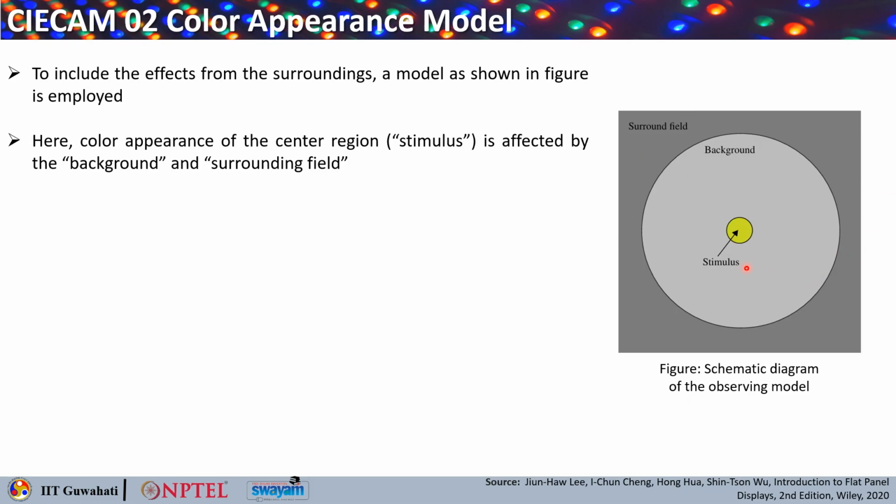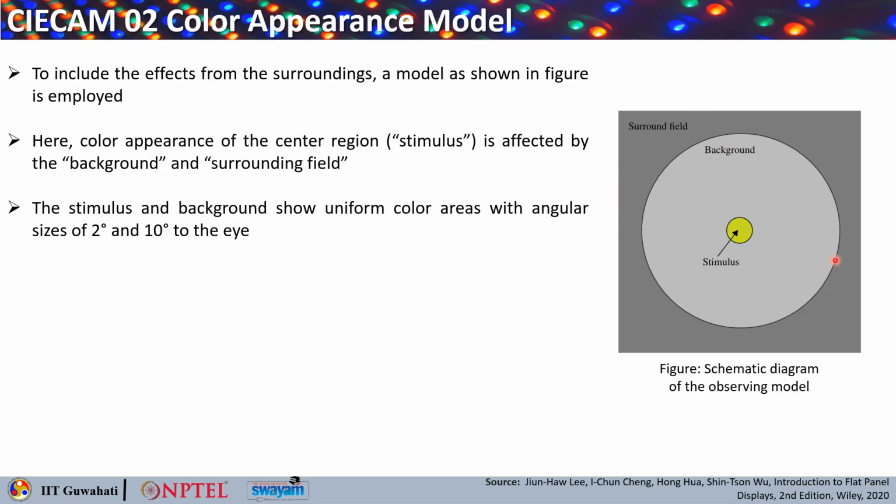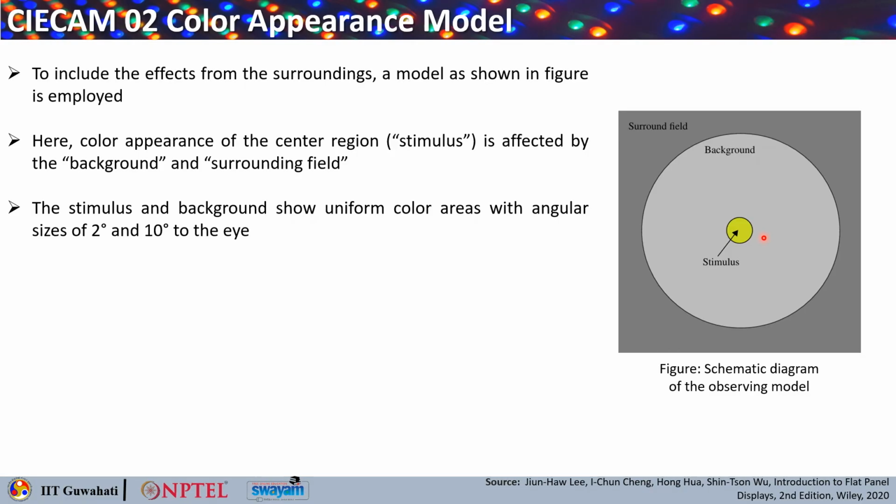So, here the color appearance of the central region, which is the stimulus, is basically affected by the background and then the surrounding field. Now, the stimulus is a small area and the background, okay. These two things basically show uniform color areas, right, with angular sizes of 2 degrees and 10 degrees to the eye.